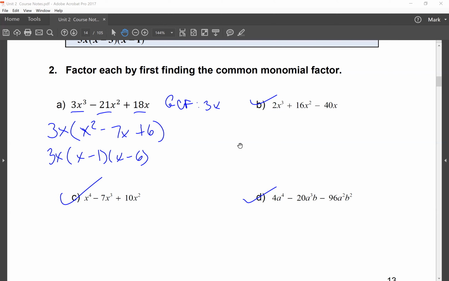So from each of these, I factor out a 2x. What I'm left with is x squared, 8x, and a minus 20.